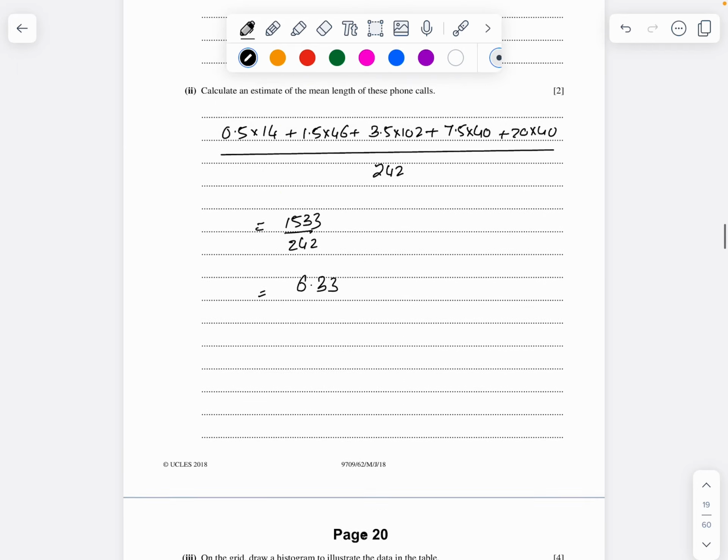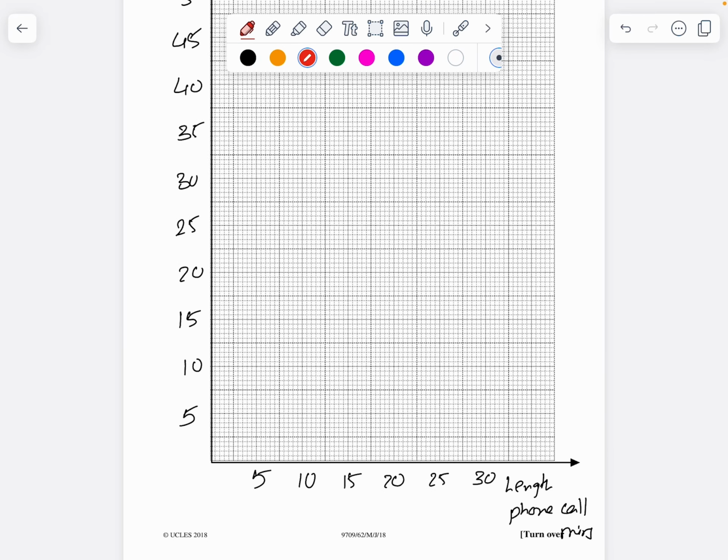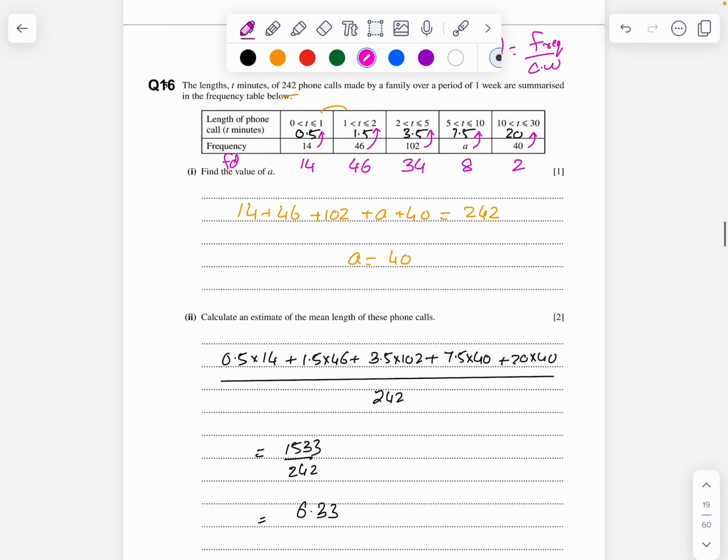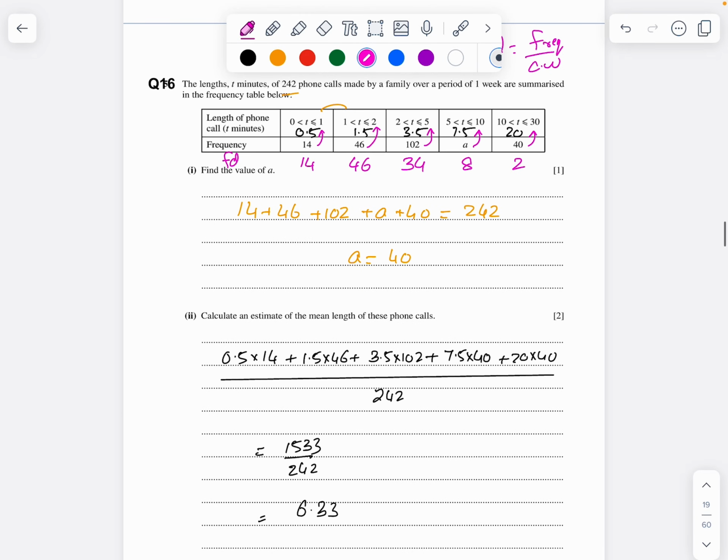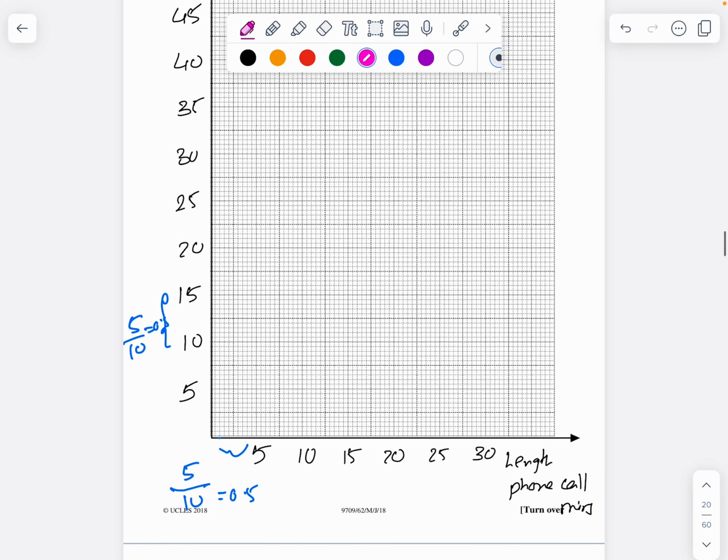Now 0 to 1 it is 14. This gap is 5 and there are 10 lines in between, so each one is 0.5. 0 to 1, it is 14.